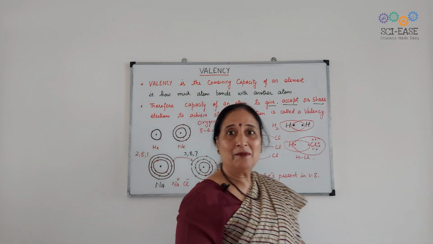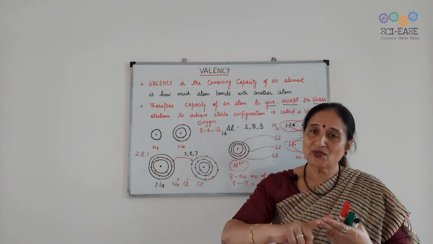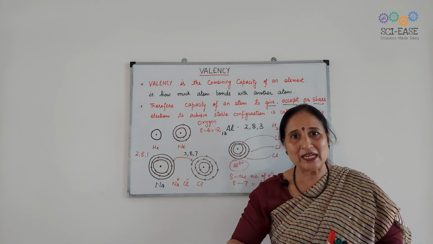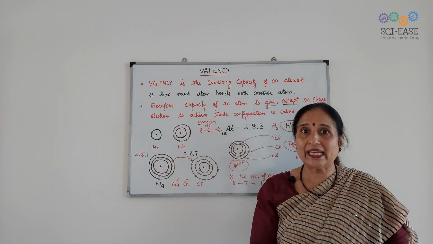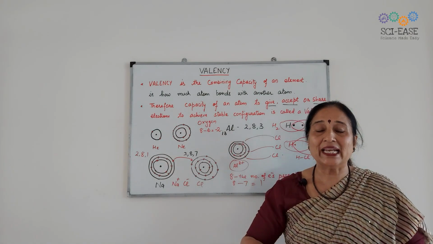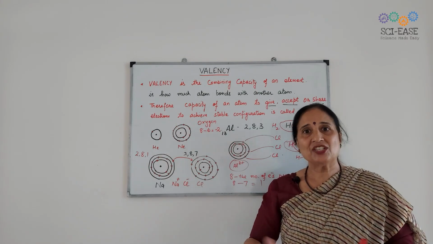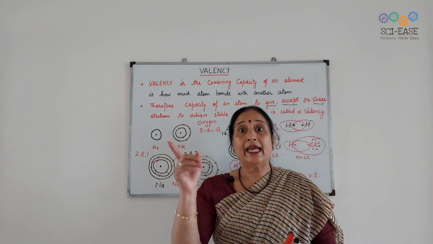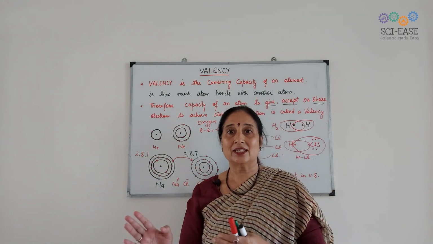I hope the things are clear to all of you. What is valency? It is the combining capacity of an atom. And how can we calculate it? The number of electrons present in the outermost shell or valence shell, or 8 minus the number of electrons present in the valence shell.